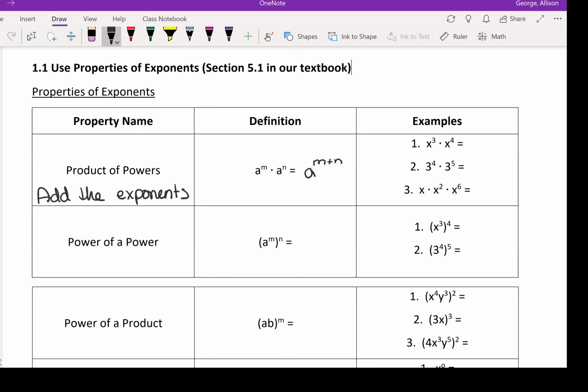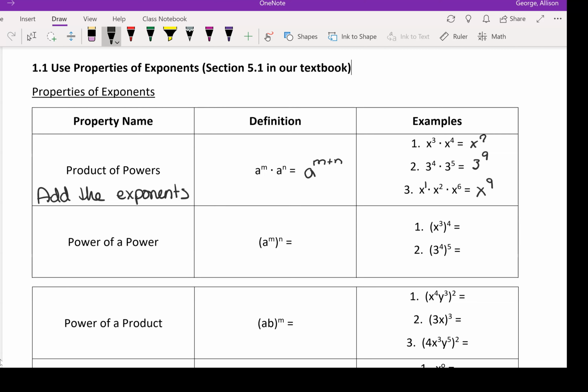Our first example is x to the third times x to the fourth, which is x to the seventh. Over here, 3 to the fourth times 3 to the fifth would be 3 to the ninth. Don't forget, if you don't see an exponent written, it's got an exponent of 1. So this is going to be x to the ninth.